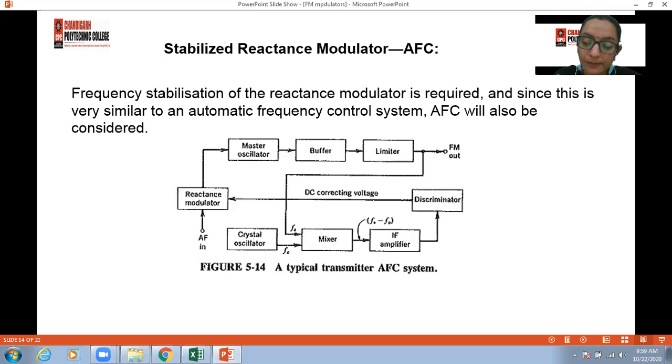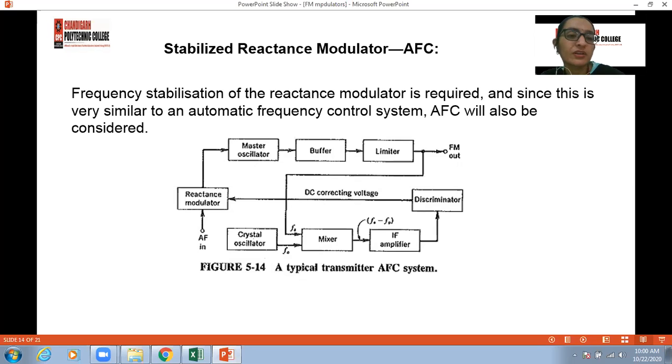The mixer stage gives out the resulting difference signal, usually about 5% of the master oscillator frequency. This difference frequency is first amplified and then fed to the phase discriminator, whose output is connected to the reactance modulator and provides a DC voltage to automatically correct any drift in the average frequency of the master oscillator.